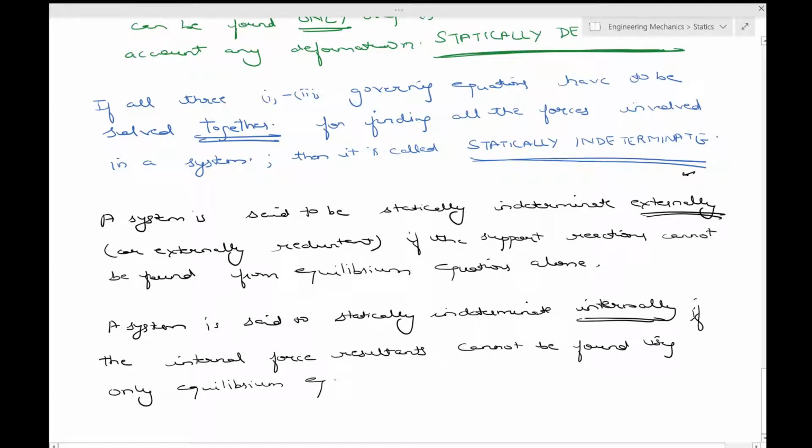When I say equilibrium equations, I think we have emphasized enough that it is both sum of F equal to 0 and sum of M_A equal to 0, both of them. So a system is said to be statically indeterminate internally if the internal force resultants cannot be found only using the equilibrium equations.